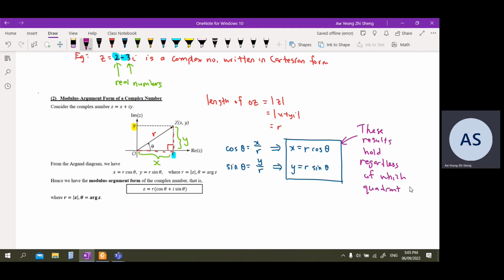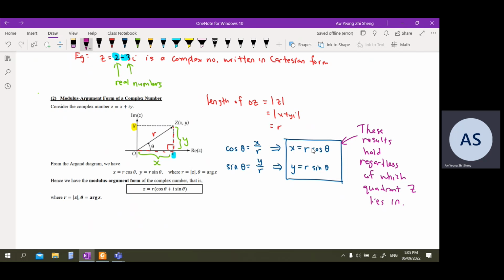Even if your point Z happens to be in the second, third, or fourth quadrant, it is still true that the x coordinate must be r cos theta and the y coordinate must be r sin theta.